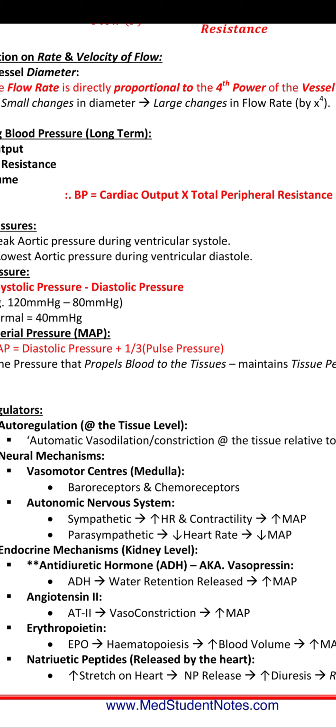Next is angiotensin II. So the first one is antidiuretic hormone, known as vasopressin. Next is angiotensin II. What happens with angiotensin II? It helps in vasoconstriction.